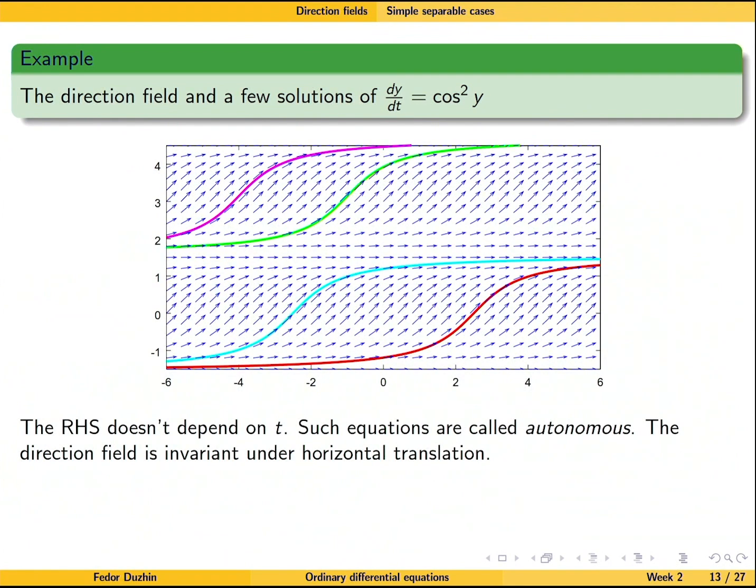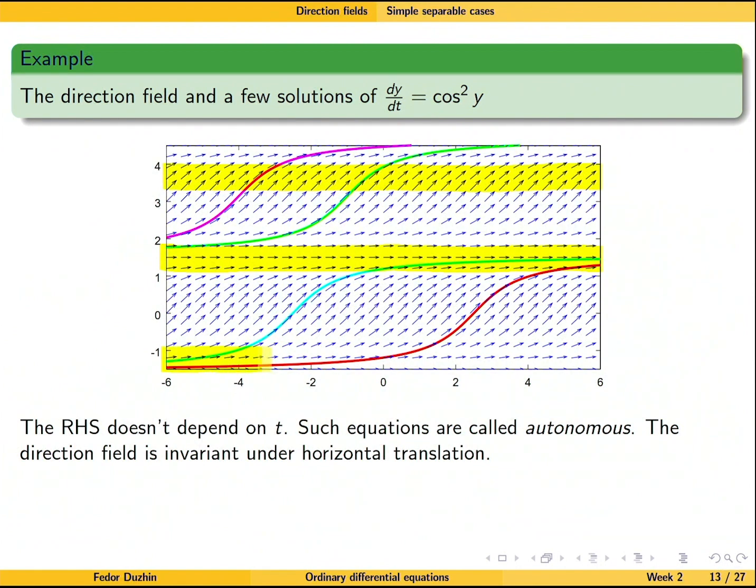But of course, in the same manner, if the right-hand side does not depend on t and only depends on y, then if you think of arrows as being arranged in rows and columns, all arrows in the same row are going to be the same. So if you look at all these arrows, they are all the same.